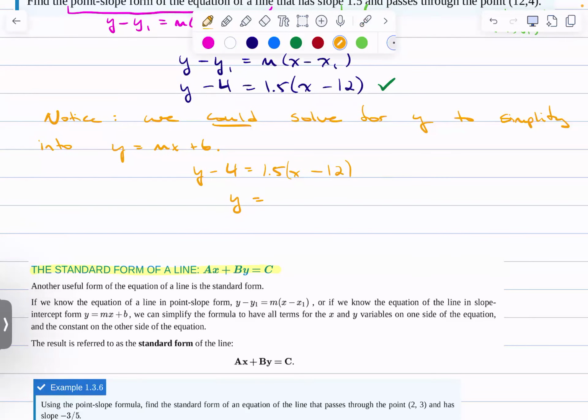Or maybe I should do it in different lines. 1.5 x minus 12 plus 4. I get y is 1.5 x minus, what's 12 times 1.5? 18? Plus 4. And what's negative 18 plus 4? Let's go with negative 14.